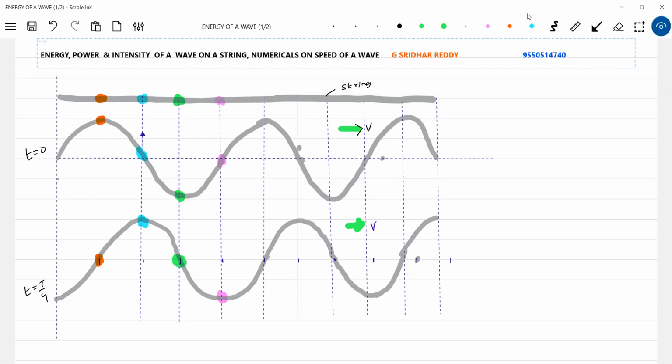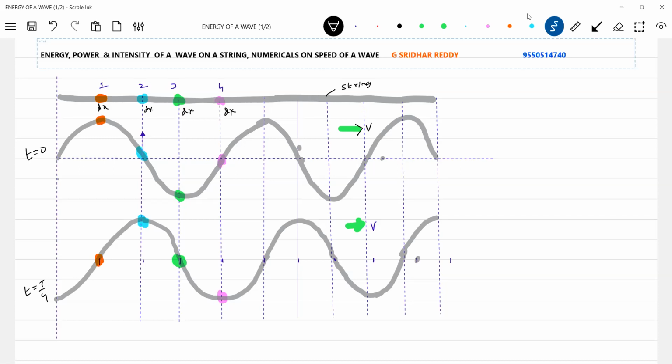Okay, you have all the colors. So these are element 1, 2, 3, 4. Like this, I will give numbers. What is the length now? When there is no wave propagation on a string, the length of all these elements will be the same. So let me take that to be delta L or dL or dx, dx, dx, and dx.